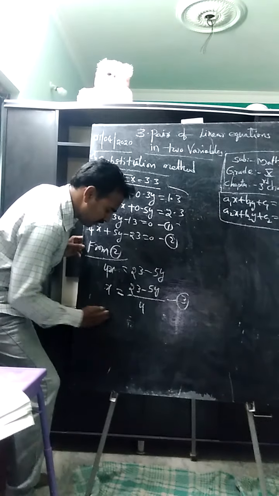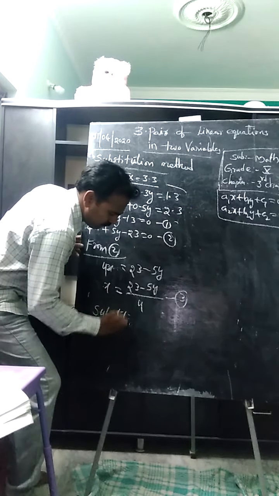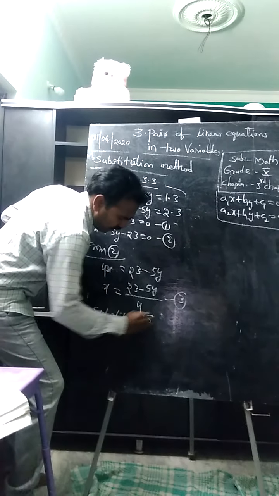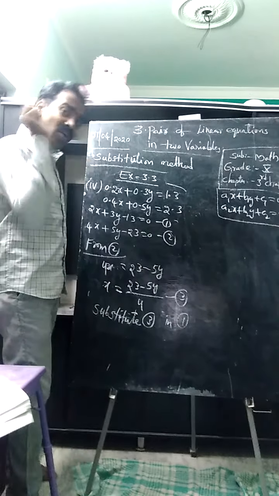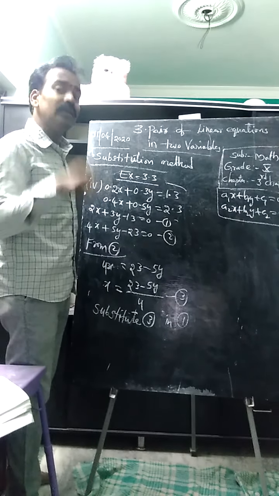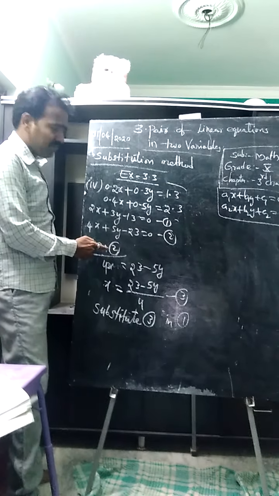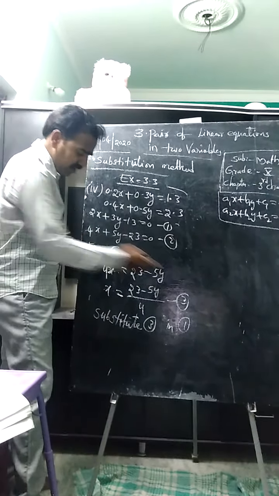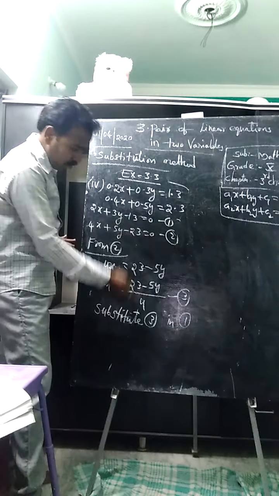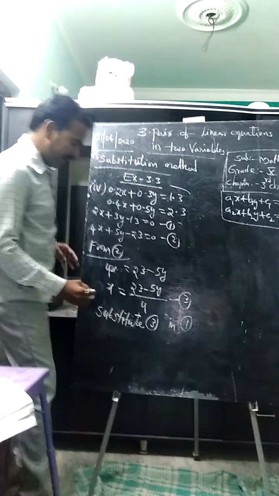So now substitute 3 in 1. Why are we substituting 3 in 1? Why not in 2 like the previous problem? Yes, because in the previous problem the third equation we got from the first equation, that is why we substituted in the second. But this third equation we got from the second equation, so put in 1. Okay. After substituting in 1, we get this form.